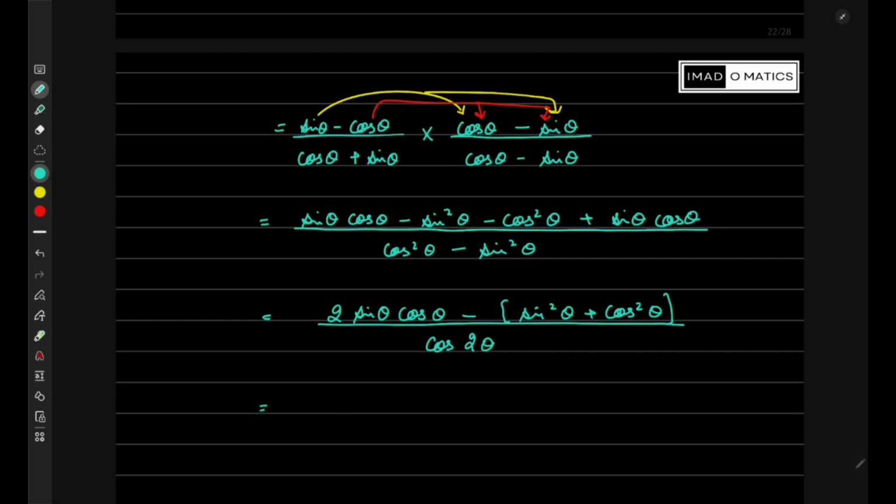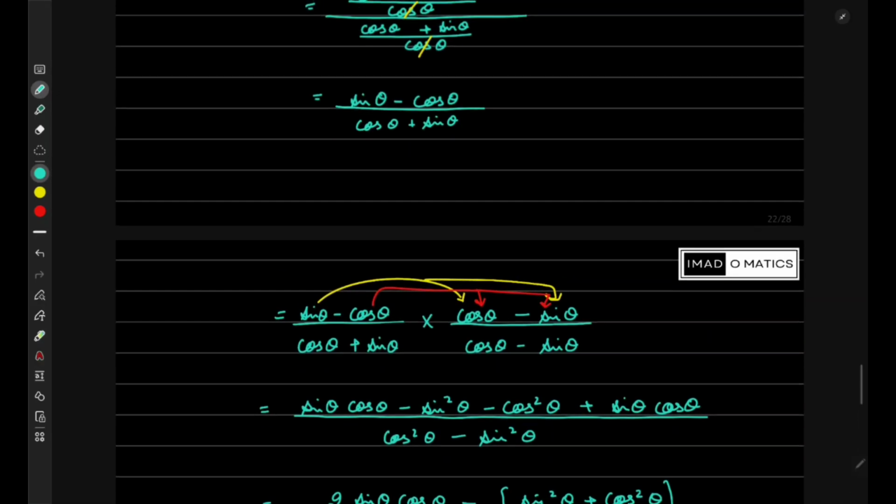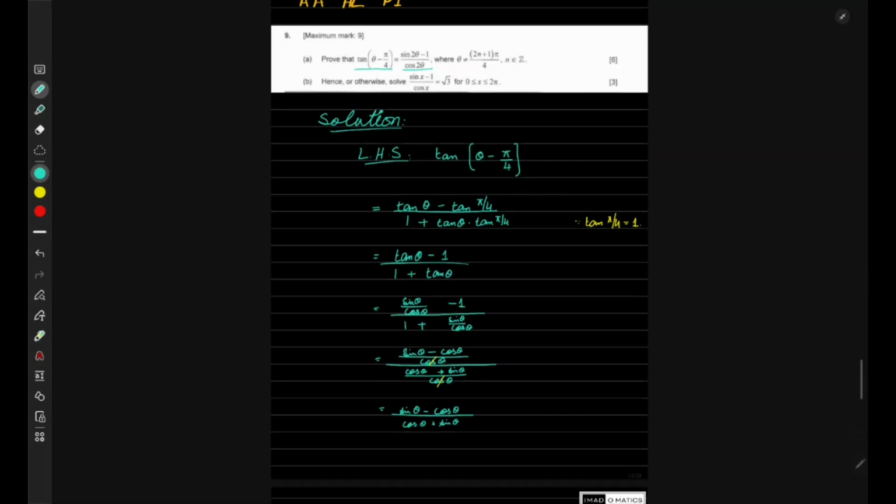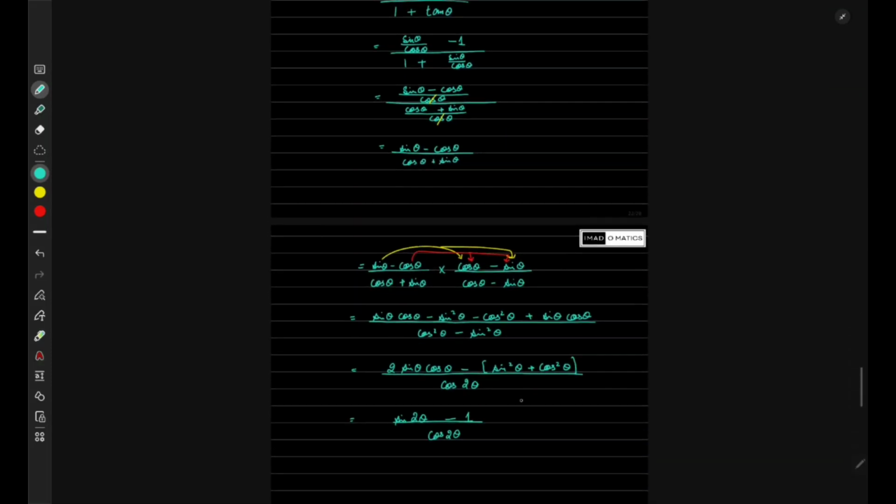Now we know that 2 sin theta cos theta is equal to sin 2 theta, and sin square theta plus cos square theta is equal to 1, over cos 2 theta. Now this is what we have to prove, left hand side is equal to right hand side.